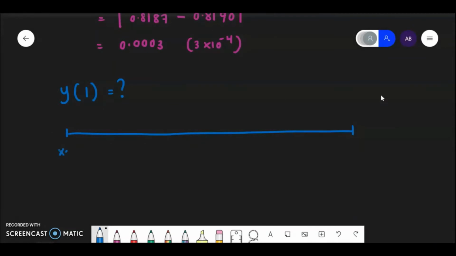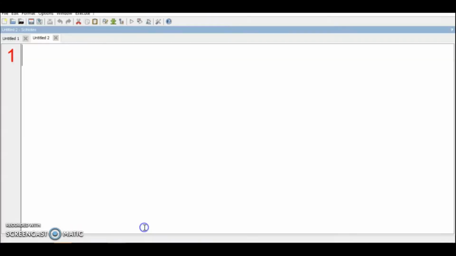So this is x0, then x1 is 0.1, 0.2, 0.3, 0.4, up to x equals 1. So at least we need 10 steps here. So to do that, I'm going to show you using Scilab. Okay, so let me show you how to use Scilab to solve this problem.